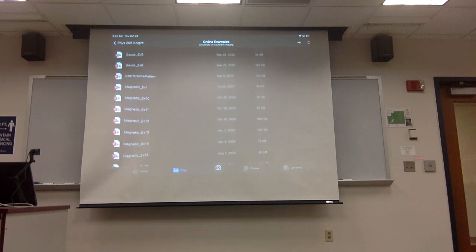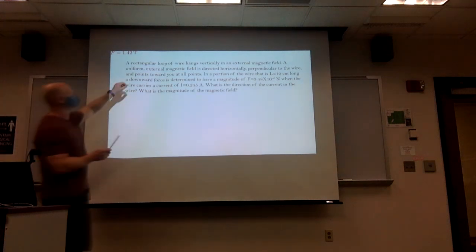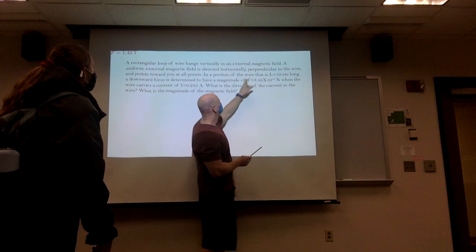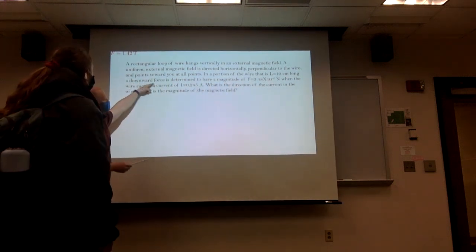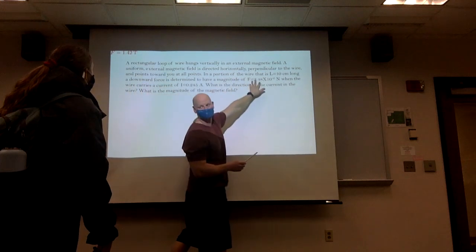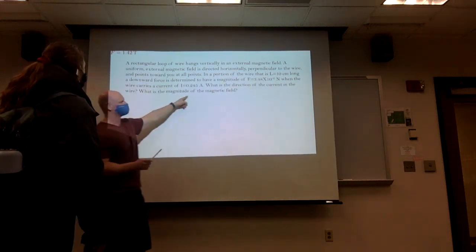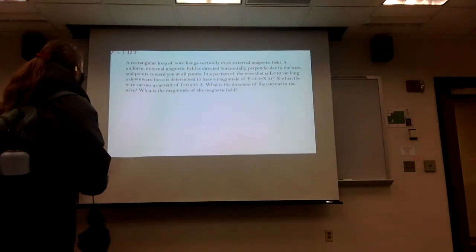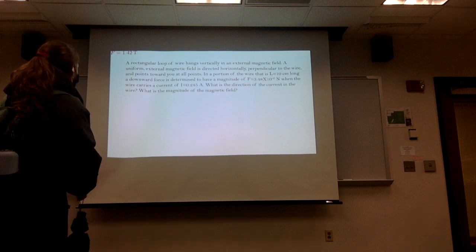We're told there's a downward force that's determined to have a magnitude of this, so that is FB. Then the question asked, what is the magnitude of the magnetic field? That would be B. So B is explicitly the magnetic field itself, and FB in this case is the force generated by that magnetic field.